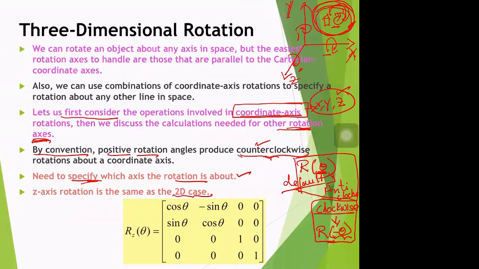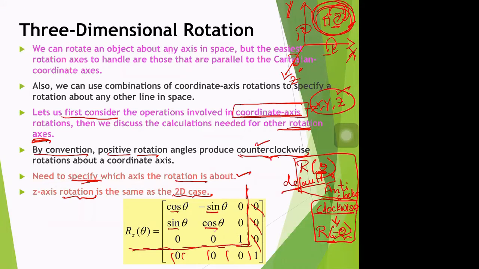In the 2D case, whatever rotation I had was only this much; we didn't have the Z axis. So our 2D rotation matrix was cos theta, minus sin theta, sin theta, cos theta.